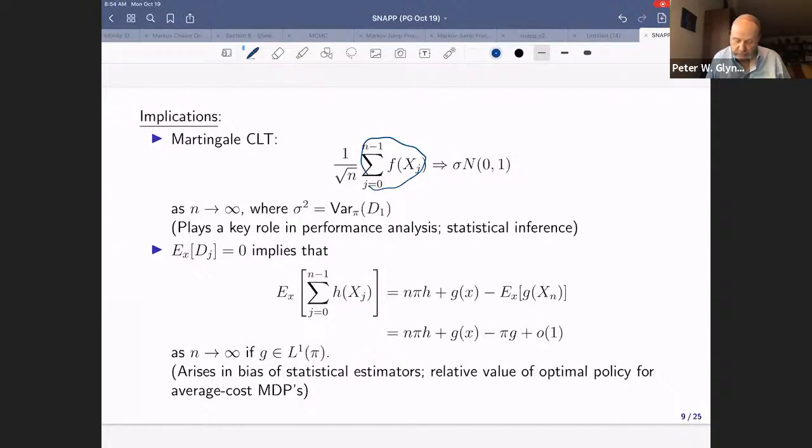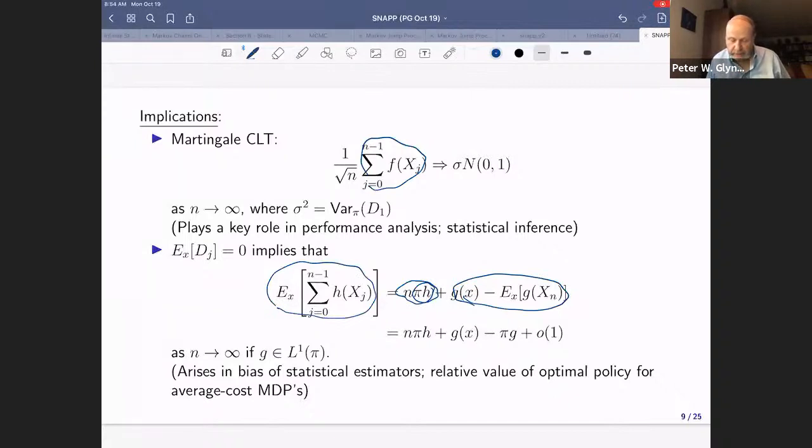So we can write this h function as a sum of the equilibrium expectations plus its centered version. Here's the contribution from the equilibrium expectation. Here's the contribution from the solution of Poisson's equation corresponding to the function h. And we see that we get a large n approximation for the behavior of the expected value of a cumulative reward or a cumulative cost.